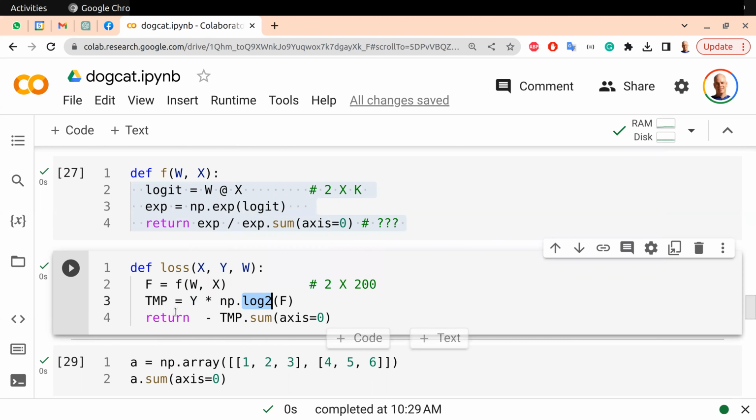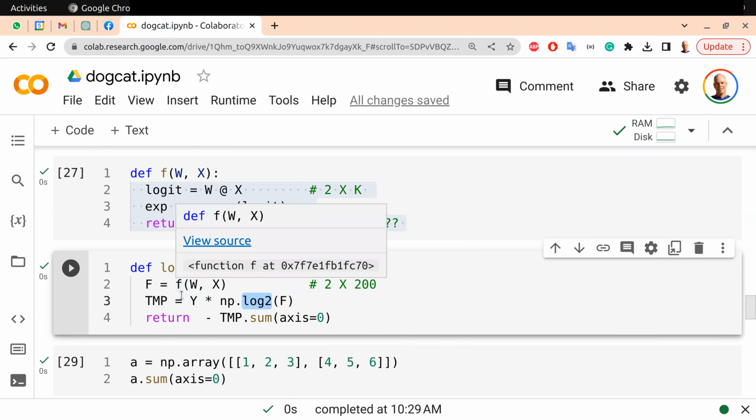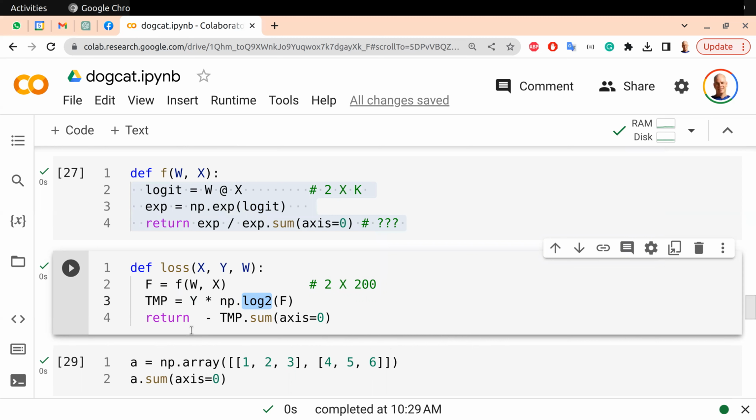I forget, where do you put the log? Log is the entropy function. The log is on f, on y?